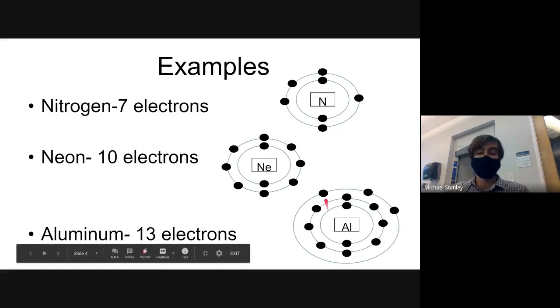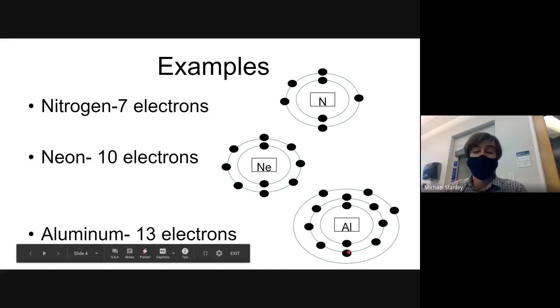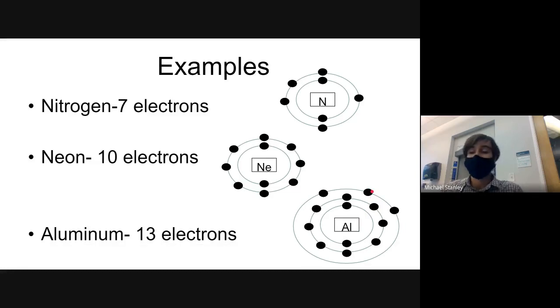Now we've filled in 10 electrons on those first 2 shells, but we still have 3 more electrons that we haven't put down yet. So those 3 will go on the third shell of aluminum. So if you're not sure exactly where the electrons are going to go, you always start by filling in the first shell and then moving out to the second shell if you need to. And after that one is full, moving out to the third shell if you still have some electrons left over.